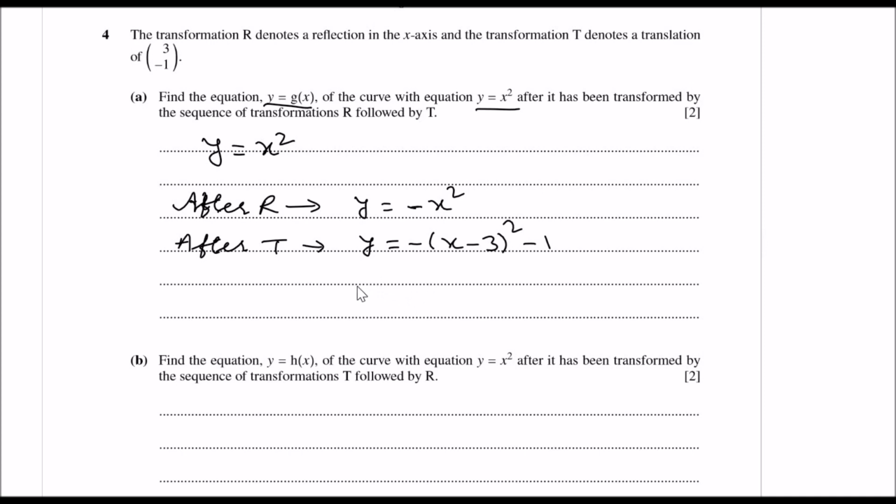Okay. So g(x), finally g(x) will be given by minus (x minus 3) whole square minus 1. That's the answer.